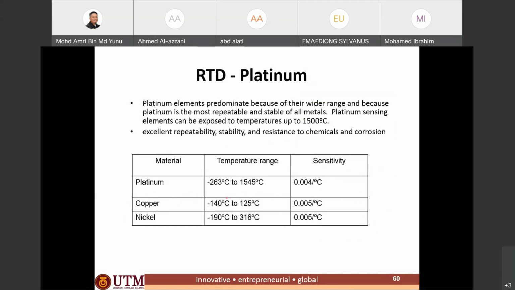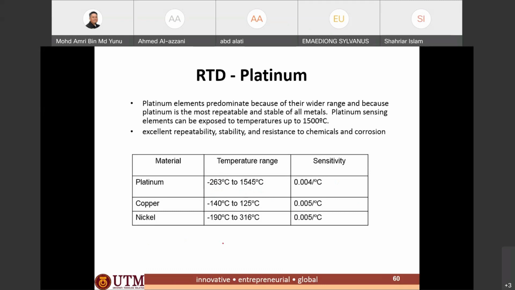In terms of range, platinum is large, between negative 263 degrees Celsius to 1545 degrees Celsius, but the sensitivity is at a moderate level.